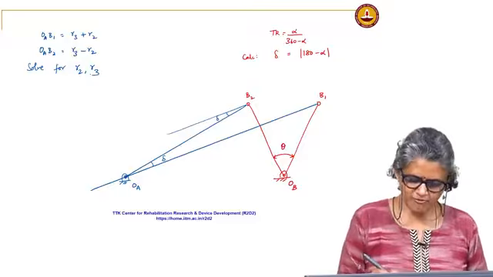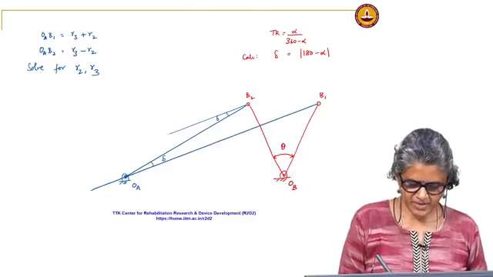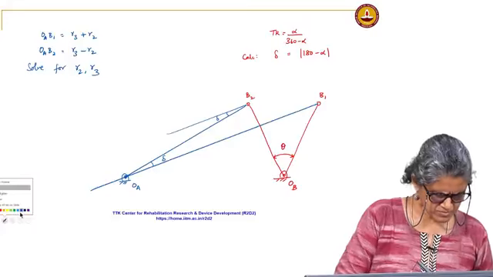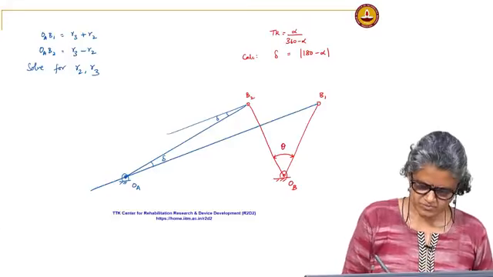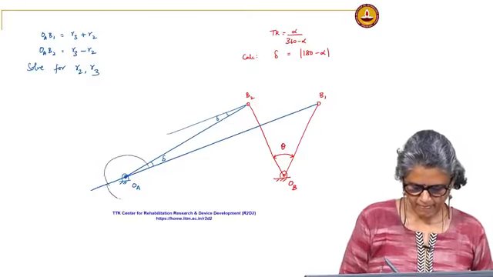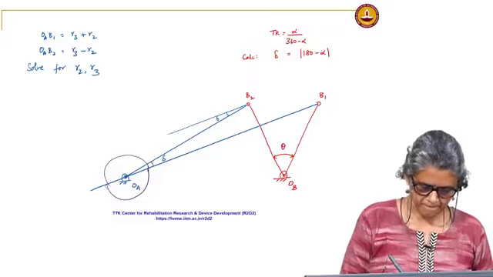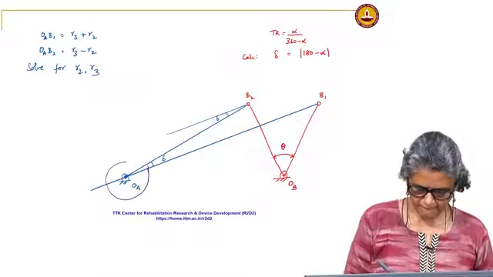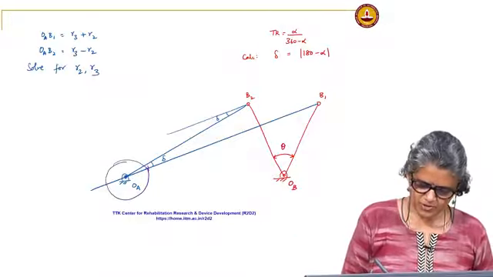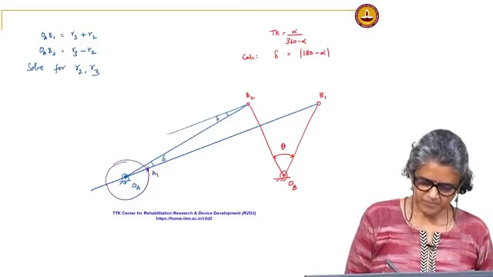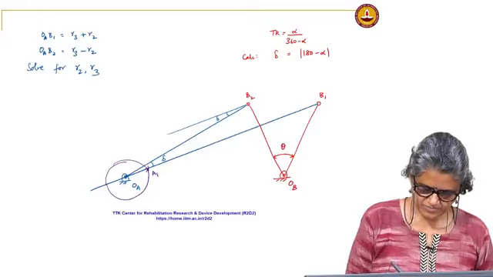Once I solve for that, I will know R2, so this would be my A1, this would be my A2.